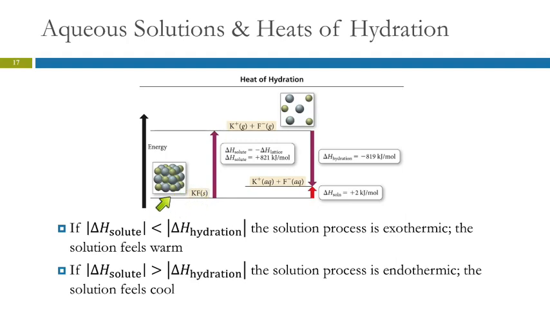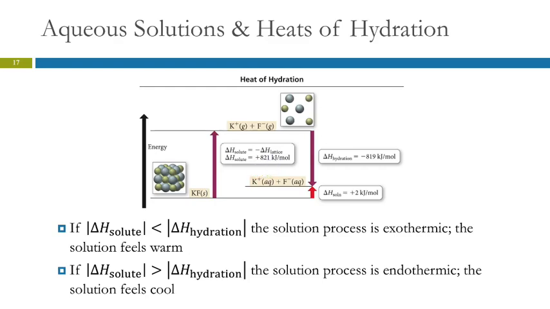So here we have an example of forming a solution, an aqueous solution of potassium fluoride. Separating potassium fluoride into ions in the gas state would be the reverse of the lattice energy. When you take potassium and fluoride ions and allow them to form a solid, it releases 821 kilojoules for every mole.